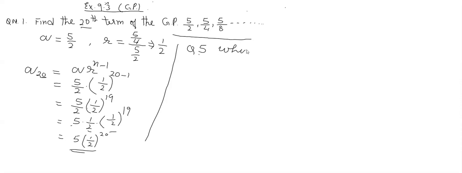We have to find which term of the GP 2, 2 root 2, 4 is 128. This is a sequence 2, 2 root 2, 4, and you have to find which term is 128. So 128 is the last term of this sequence.